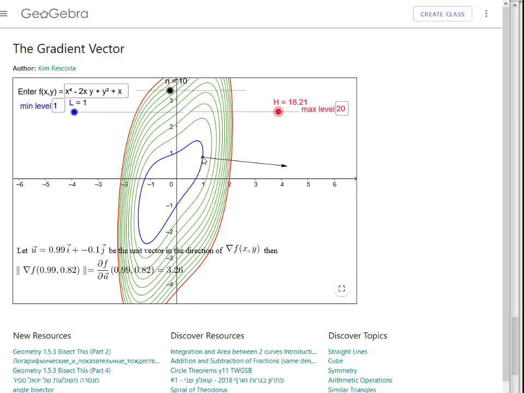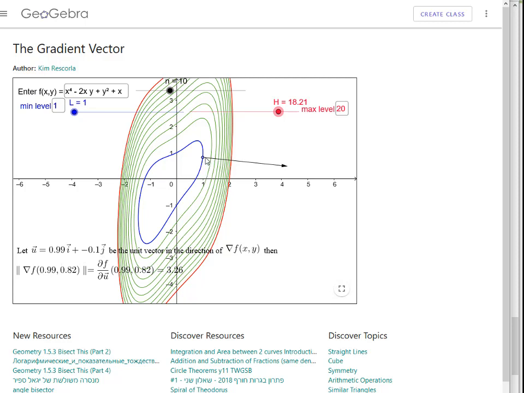So we're looking at points on this blue one where it's fairly low, and what we do here is we calculate the 2 partial derivatives. So you get the partial derivative with respect to x and y, and substitute in this value to get the two numbers. So we can see, I think it's 0.99 and 0.82. Oh, no, here we go. Here are the two partial derivatives.